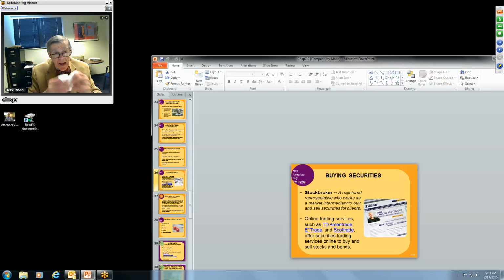Now, these are buying securities that you have to work with a stockbroker, or of course, you can work with a mutual fund company. They have people there that are authorized to sell and trade securities. And this person, notice, is a registered representative of a company who has a seat on one of the security exchanges.